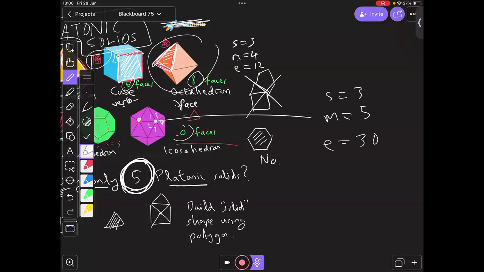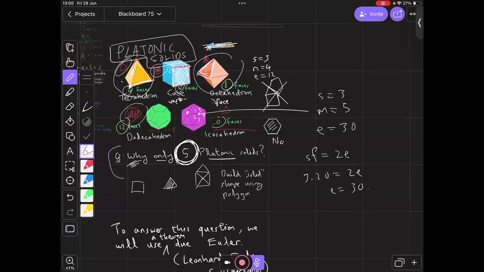Remember that S times the number of faces equals twice the number of edges, for example. So this has 20 faces, so this would be 3 times 20 equals 2E, so E equals 30. But anyway, you can see that yourself. Does that make sense? So this one is the icosahedron.